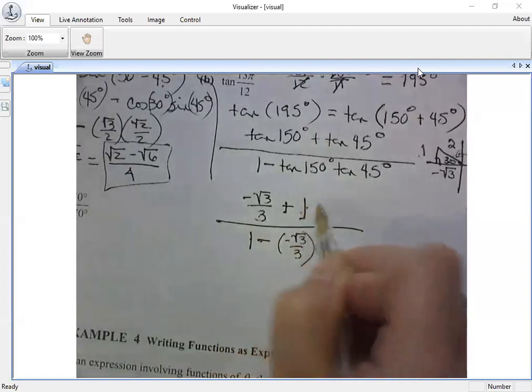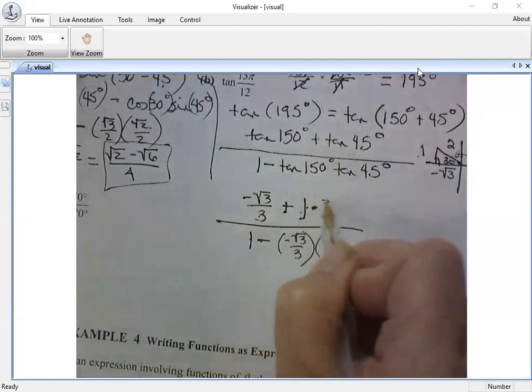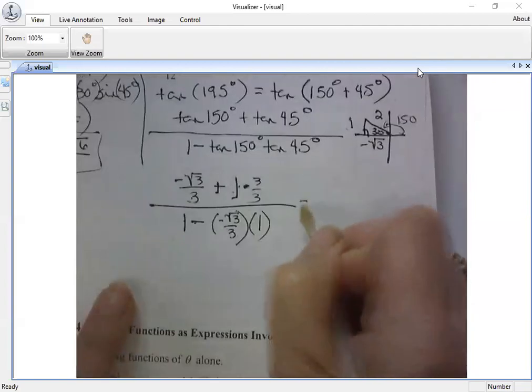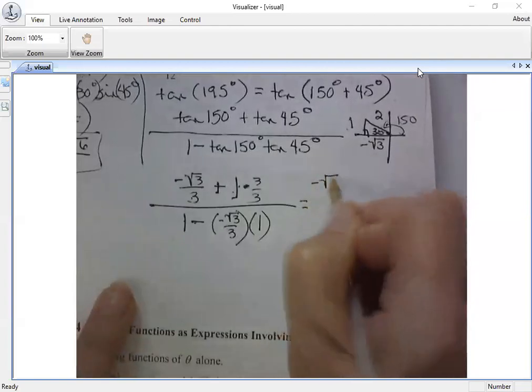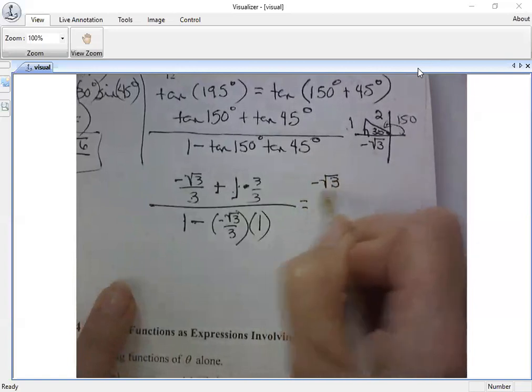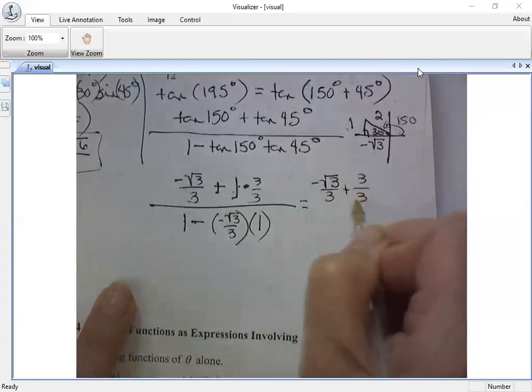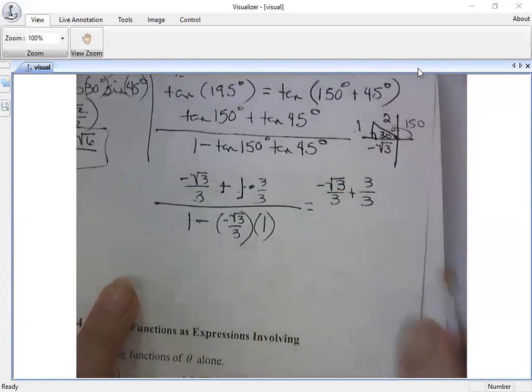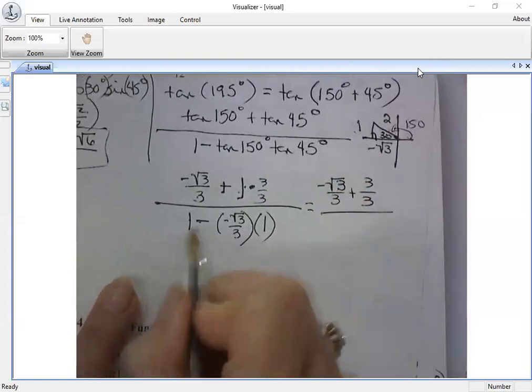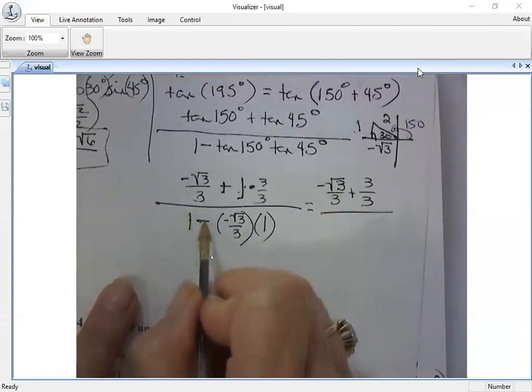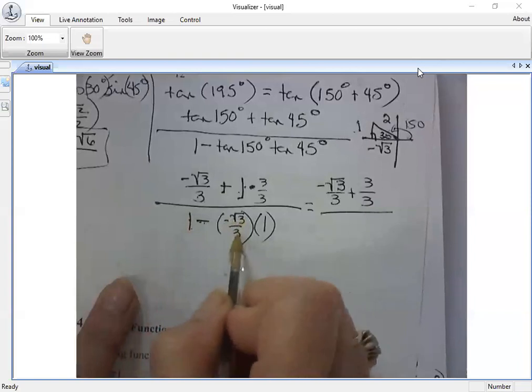So wouldn't I need to multiply 1 by what to get a common denominator? 3 over 3. So here's what I have. I've got a negative square root of 3 over 3 plus 3 over 3, right? And I'm going to write that as a single fraction in just a minute. Now, in this denominator, what happens when I have 1 minus a negative square root of 3 over 3?